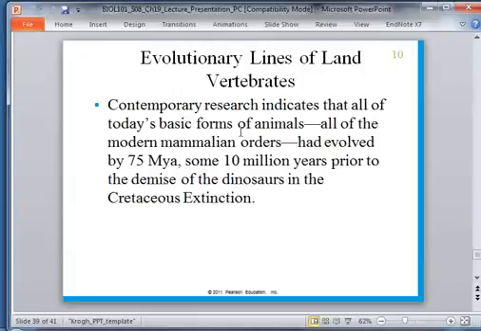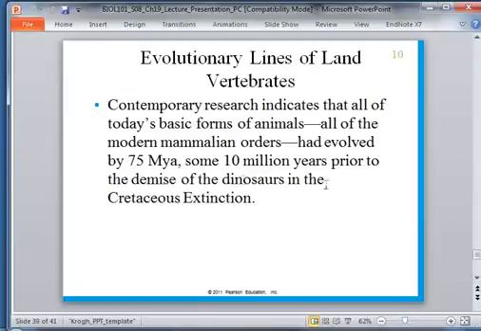About 75 million years ago, 10 million years prior to the demise of the dinosaurs, we see most of the basic forms of mammals. And what I mean by that is we may not have a whole bunch of different kinds of bears, like polar bears, brown bears, and black bears, but we have the basic bear body plan.